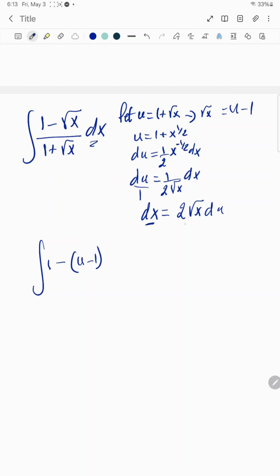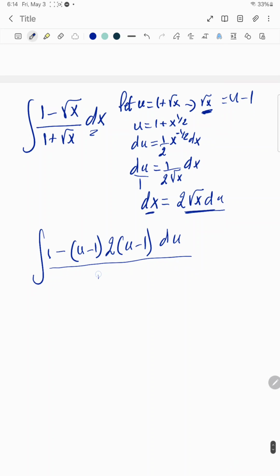And my dx, I will replace it by 2 times, instead of square root of x, u minus 1, du, divided by u, since u is equal 1 plus square root of x.